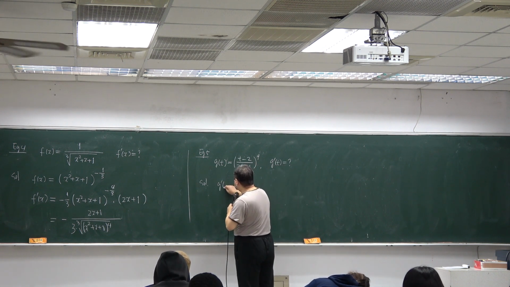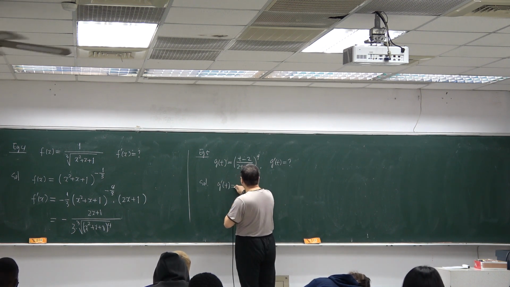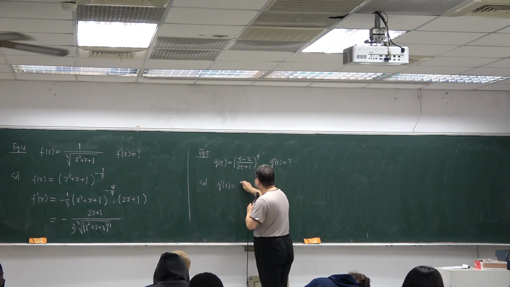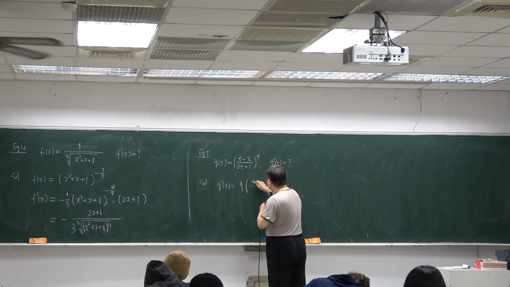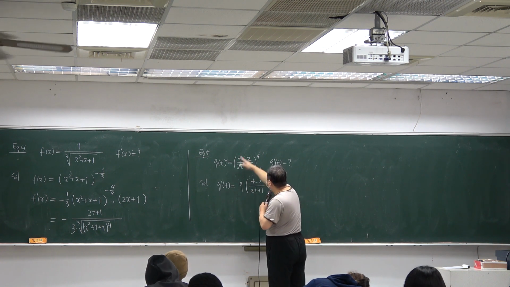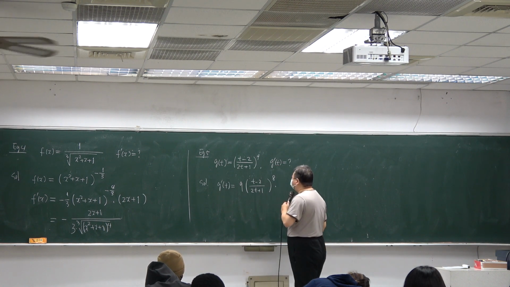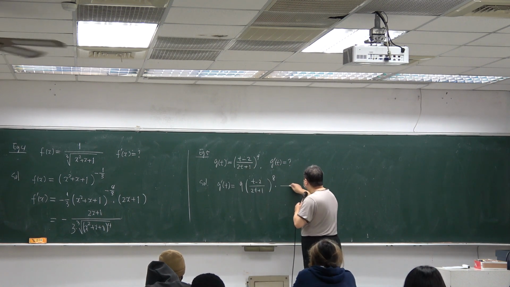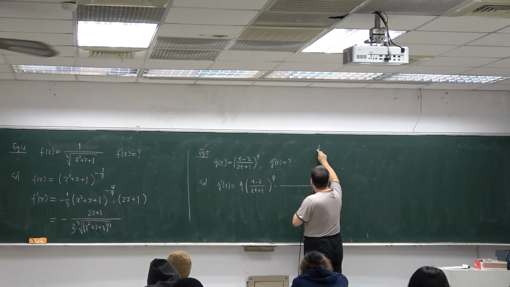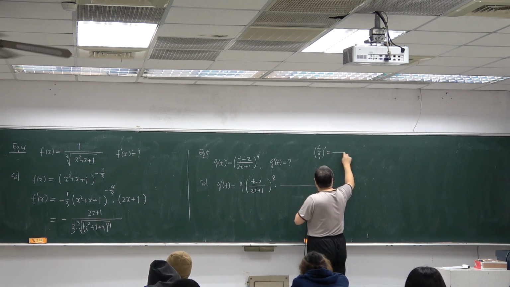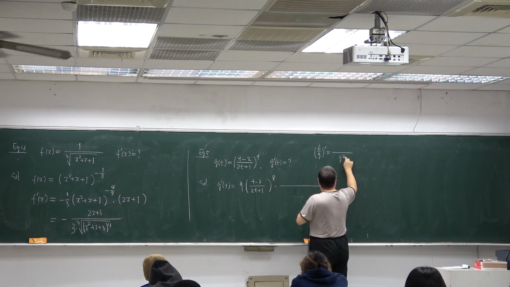So g prime of t equals, we differentiate this power function first at this number, times the derivative of this one. This time we use the quotient rule of the differentiation formula.